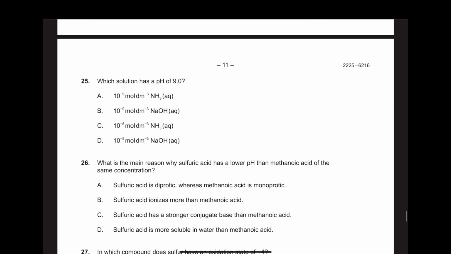Next, which solution has a pH of 9? pH is 9, right? So pOH will be 14 minus pH, so pOH is 5. So OH minus ion concentration should be 10 to the power minus 5. Now A and B can be straight rejected because the base concentration is very low. Between C and D, C can be rejected because NH3 is a weak base.